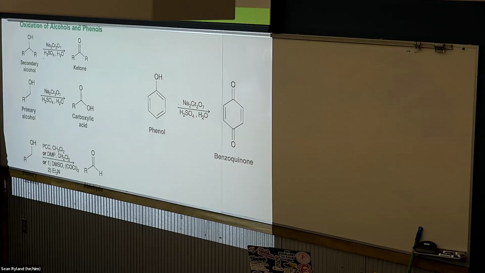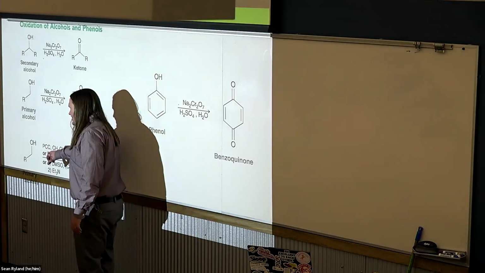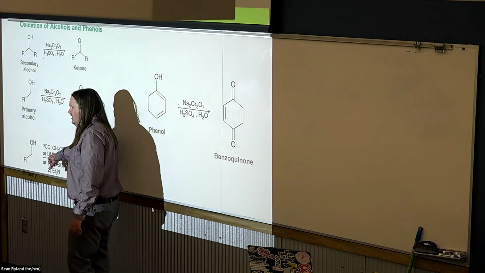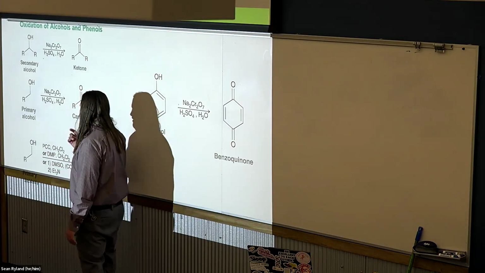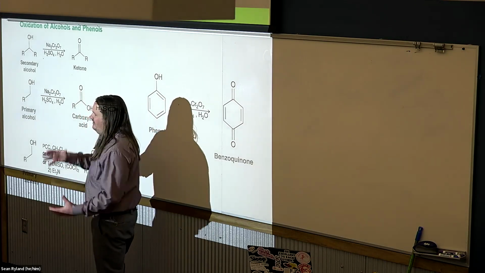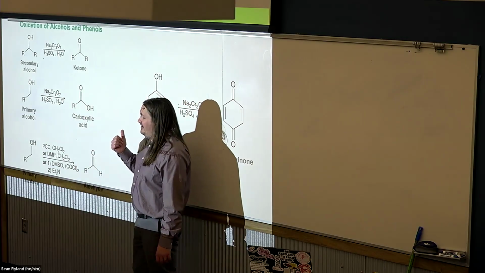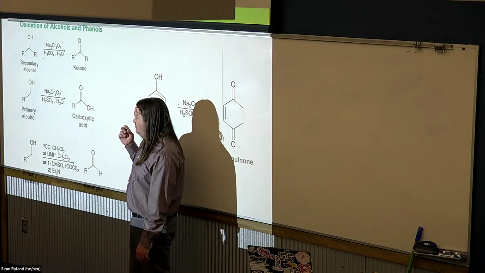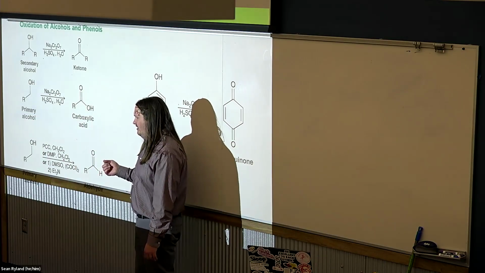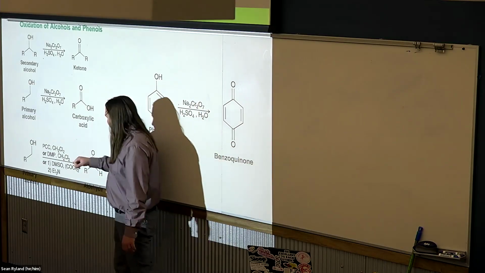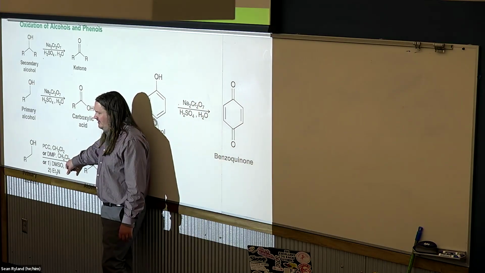The other problem with the DMP is that it's this big honking molecule that we only get to do one oxidation with. That makes it really expensive, because you don't get very many moles per gram of that reactant because it has such high molecular weight. And it has lower yields, if I'm remembering correctly, than the other two.